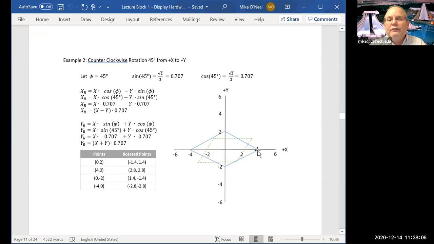Think about it like this. This is point 4, 0, right? Over 4, up 0. What if we had taken this whole object and shifted it over 8 to the left? So this point would now be right here.